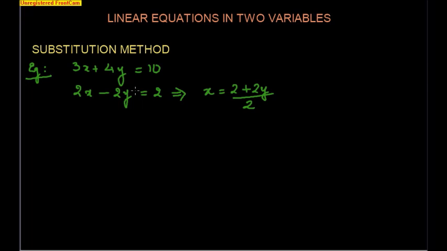I take this 2y on the right hand side, I change the sign from minus to plus, and 2 is divided. To make it simpler, I take 2 common from the numerator and I have 1 plus y upon 2, which gives me 1 plus y. So from here I put this value of x as 1 plus y in the first equation.